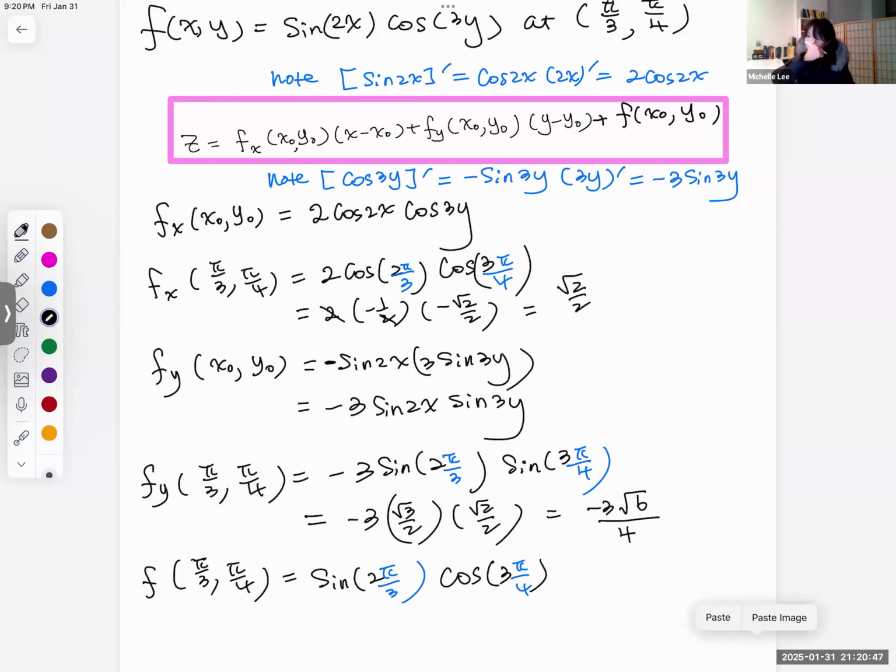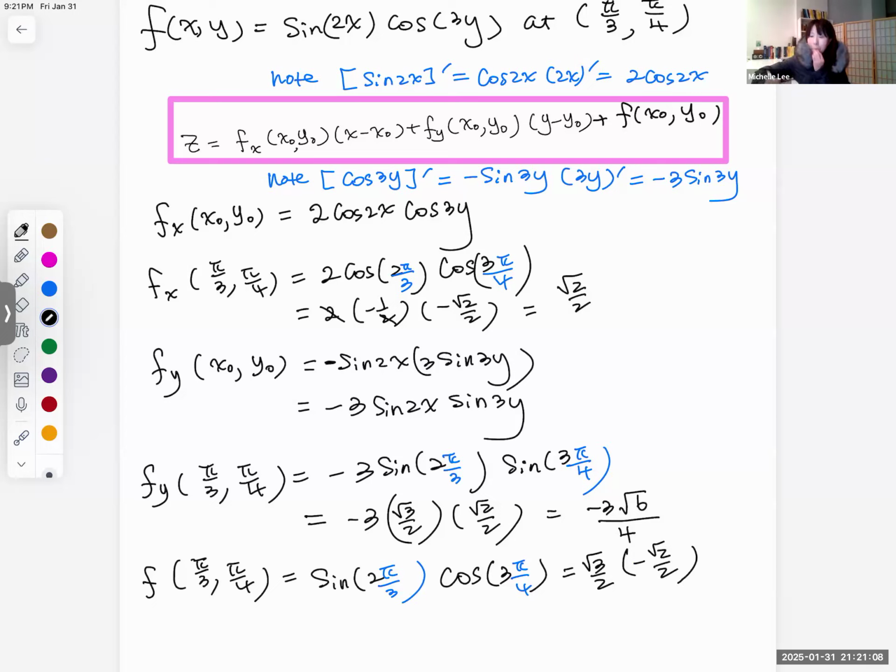Okay, so what do you get? 2 pi over 3 is the same as previous, right? So we have this one will be square root of 3 over 2, cosine 3 pi over 4 negative, right? Negative square root of 2 over 2.